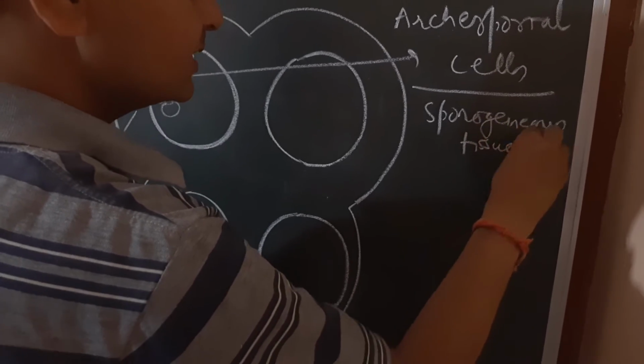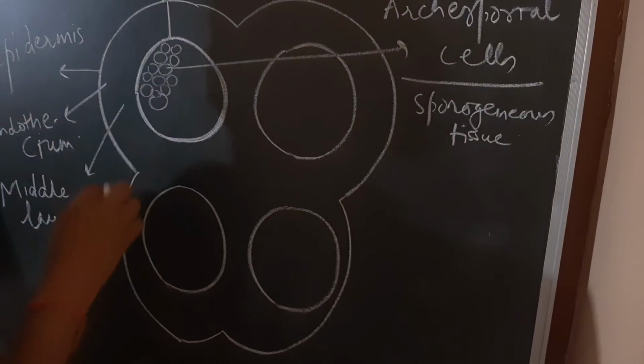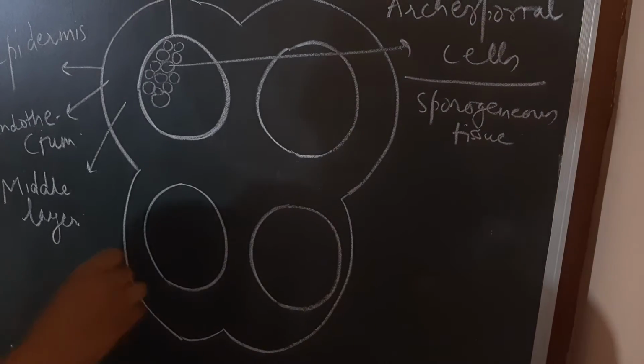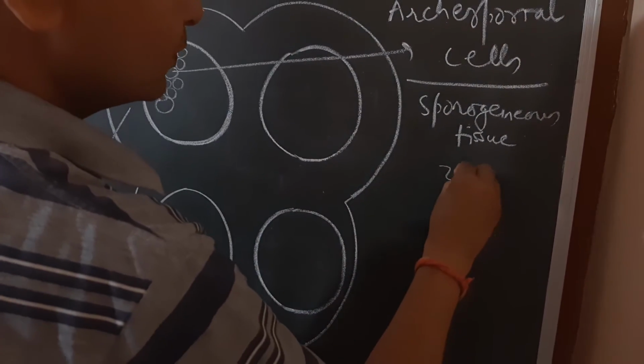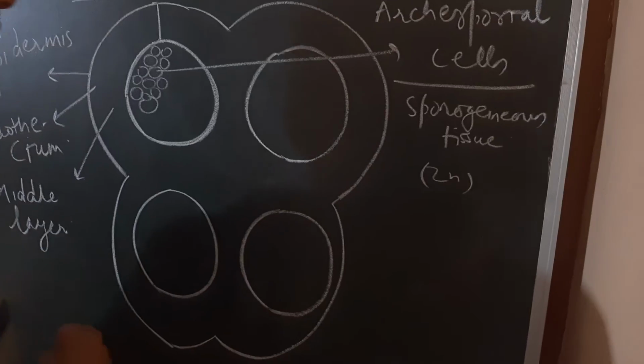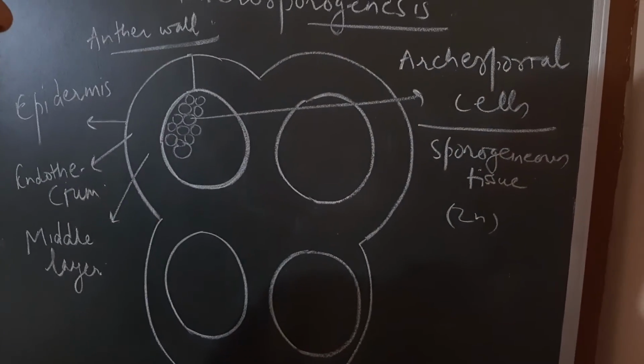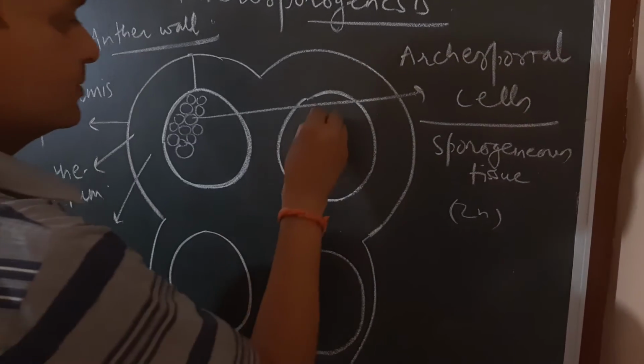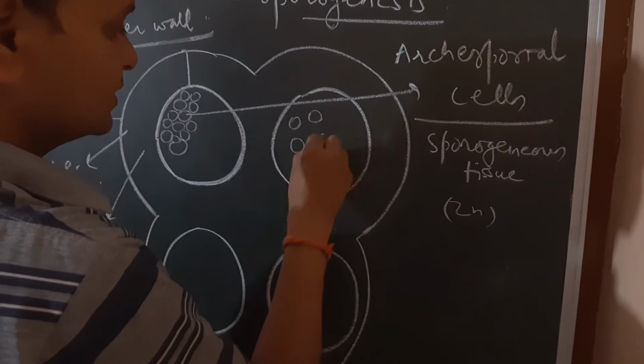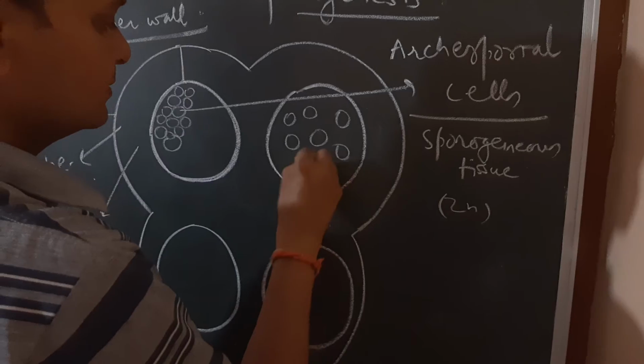At the time of immature anther, they are arranged compactly. They are diploid cells, with a ploidy of 2n, and as the anther matures, the size increases and they become loosely arranged.